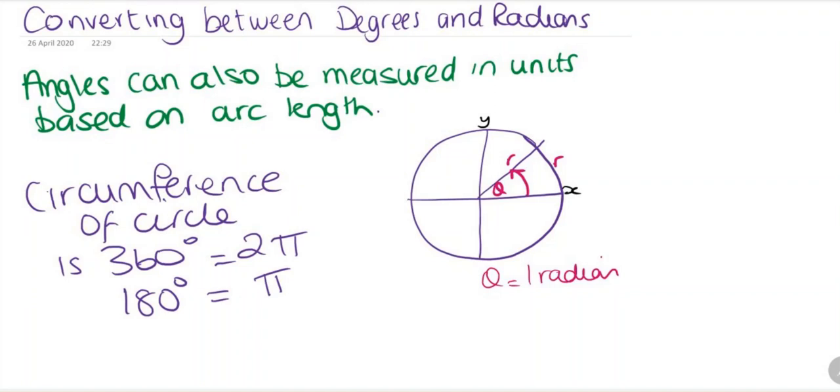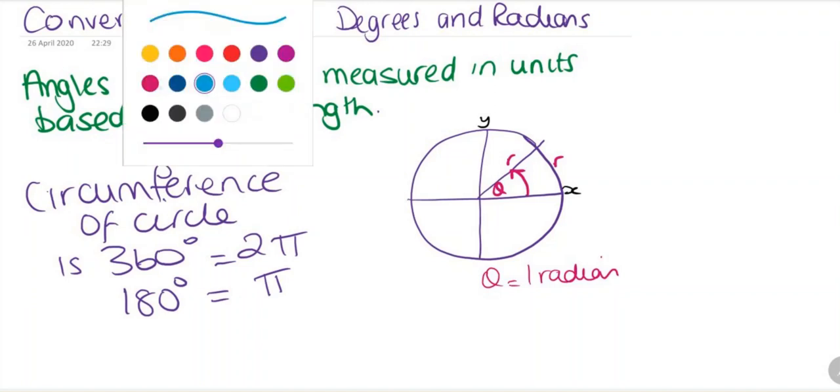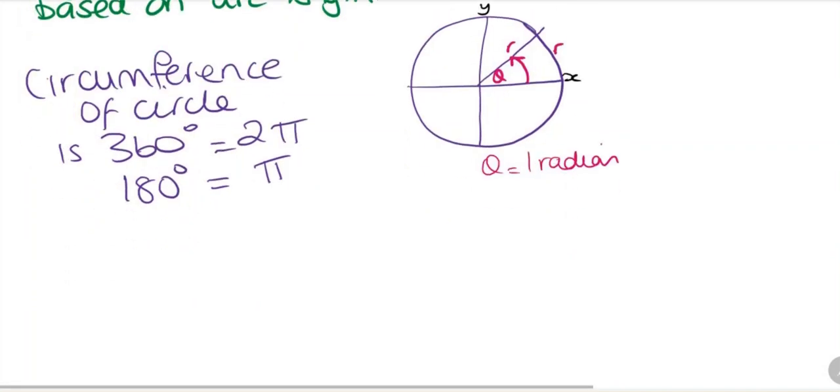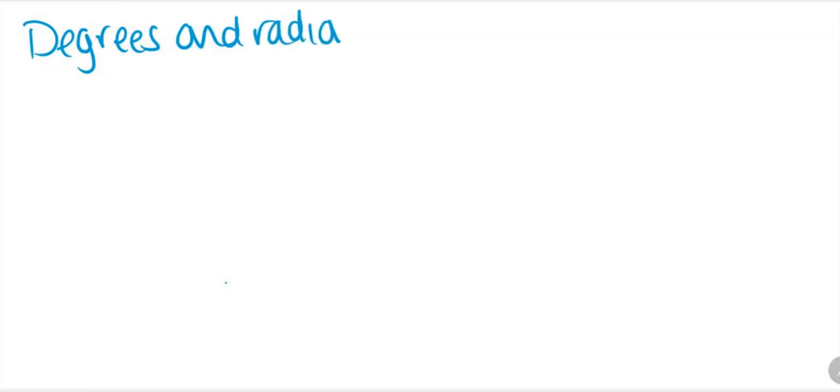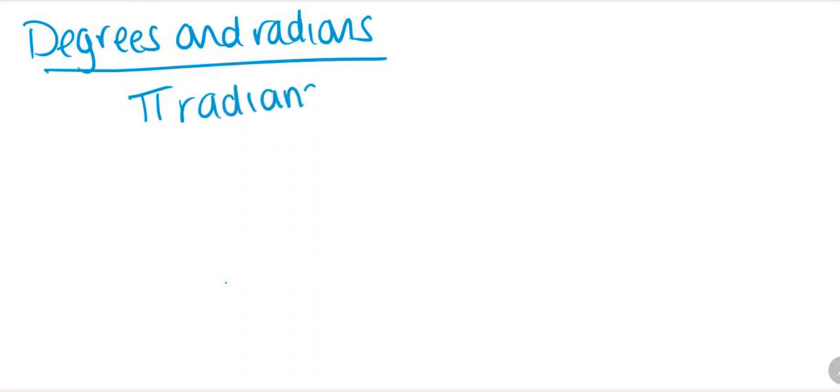Let's have a look at the formula to convert between degrees and radians. To go from degrees to radians, we multiply the number of degrees by pi radians divided by 180 degrees.